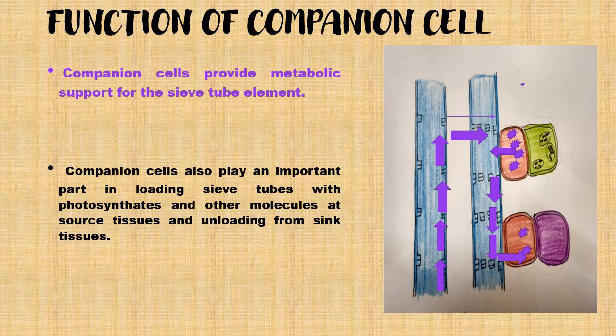That means here are the photosynthetic cells where the sugars are prepared, and these have to be loaded to the phloem for transport. So for the loading, and for the unloading in the sink, this companion cell helps.